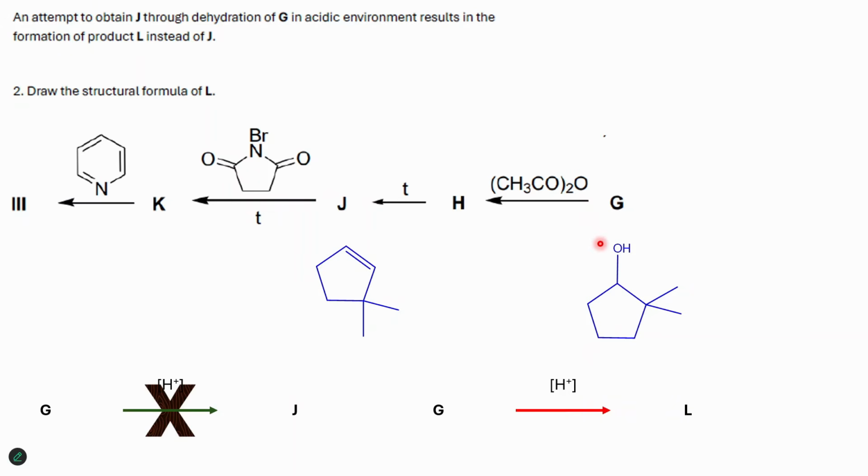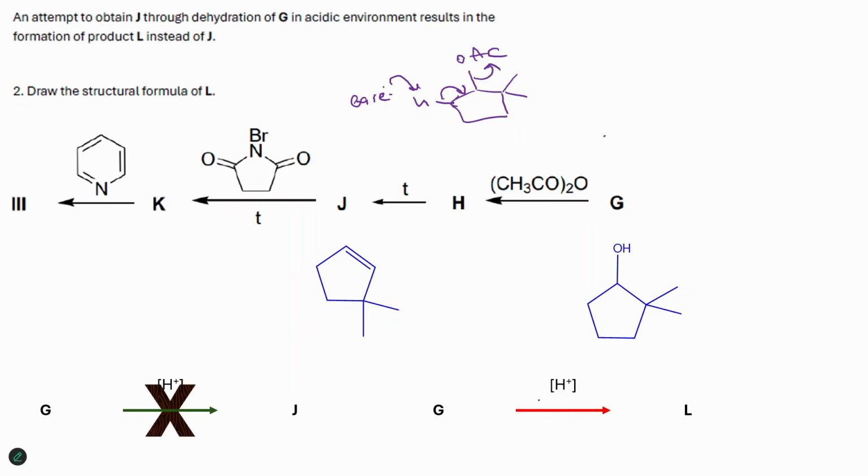So what they did was actually not from G to J, but from H to J. When they get H, which is a similar structure but with a much better leaving group, they took a base and there's a beta hydrogen. So it comes here, this goes here, and the O acetate leaves. This is called E2 elimination, and it gave a product.